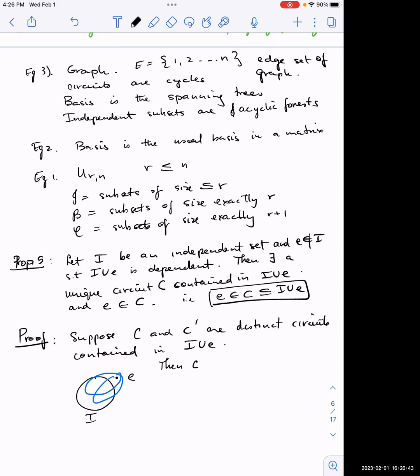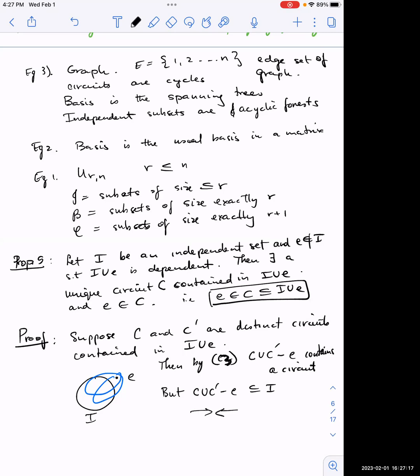So then by the third axiom, C3, a typo in my notes, C union C dash minus E contains a circuit. But C union C dash minus E is entirely contained in I, which is independent.